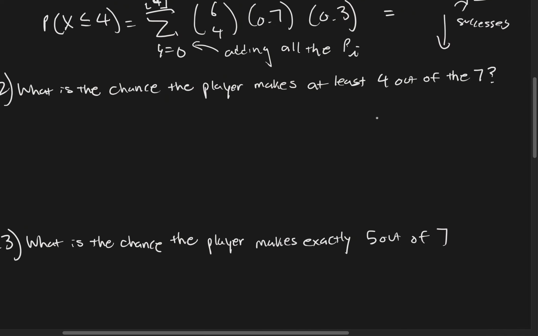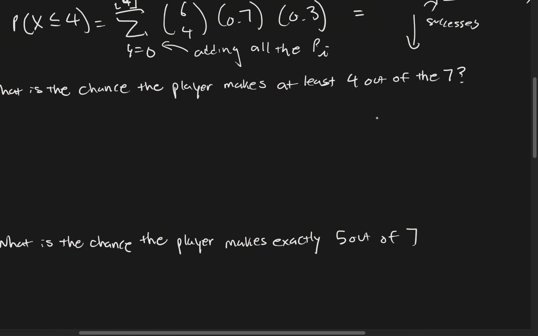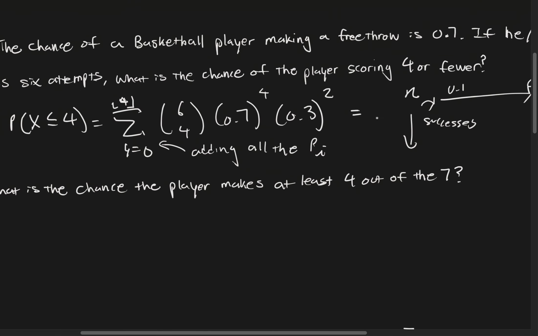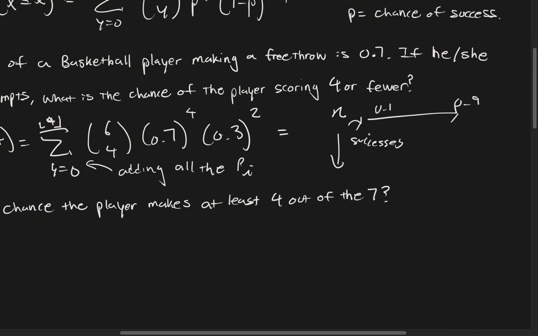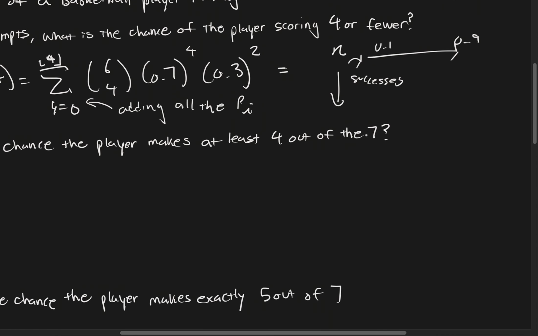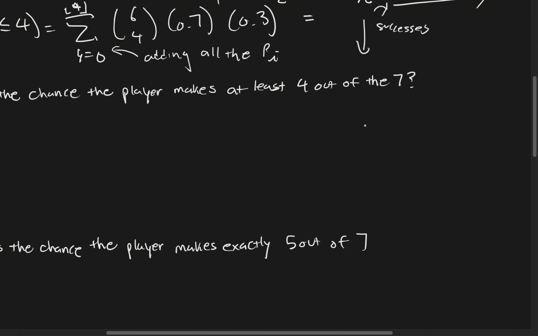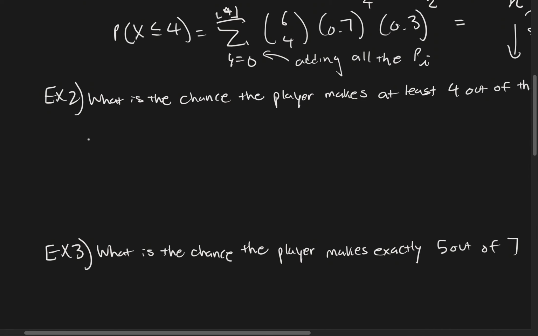All right, for the second example, let's say we want to find the probability of the player making at least 4 out of 7. So the player is shooting 7 this time, and the player wants to make at least 4. If we want to find that probability, again, if we're utilizing the cumulative distribution function, we want to set the notation in terms of less than.